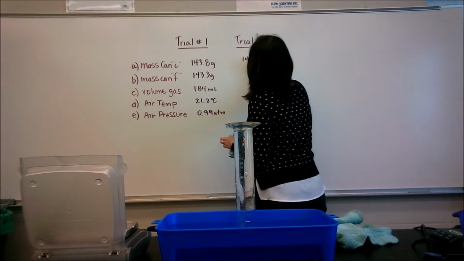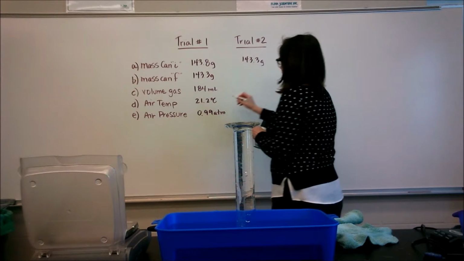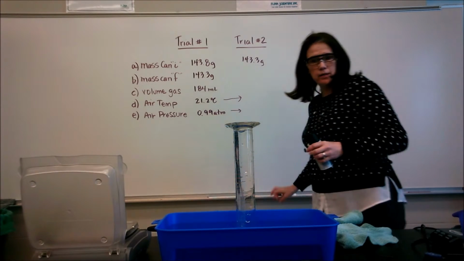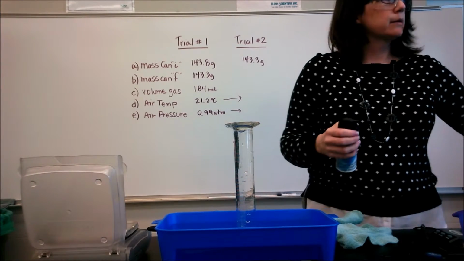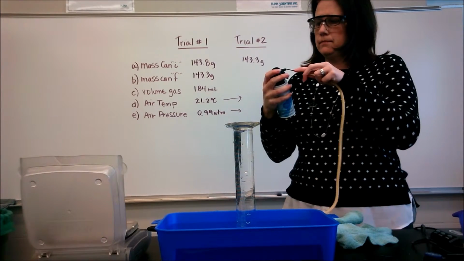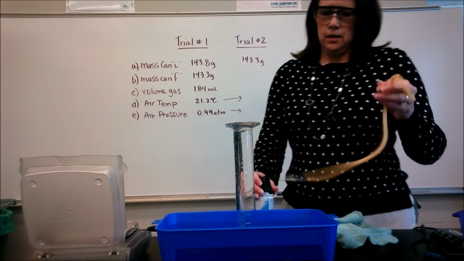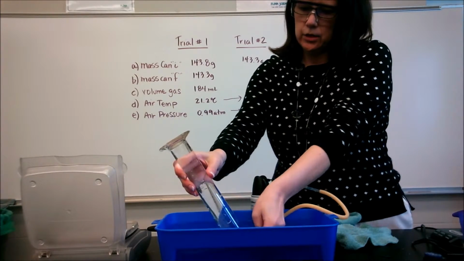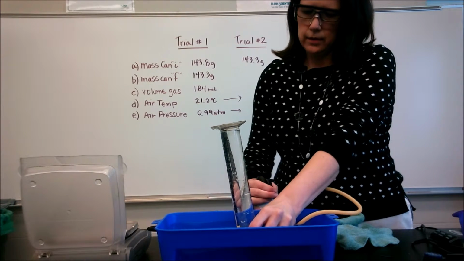So our starting mass for this one is 143.3 grams. Now our air temp and our pressure will just be the same because I don't foresee that changing in the next couple minutes. I'm going to put my tube back on, put it into my graduated cylinder, and again just slowly release the gas in there.